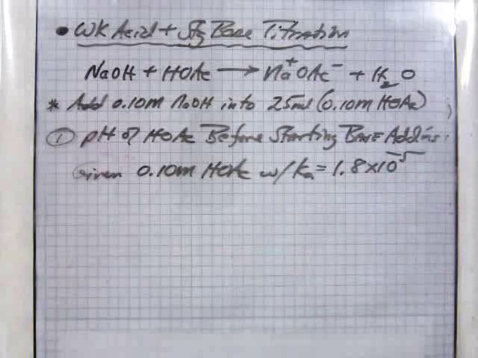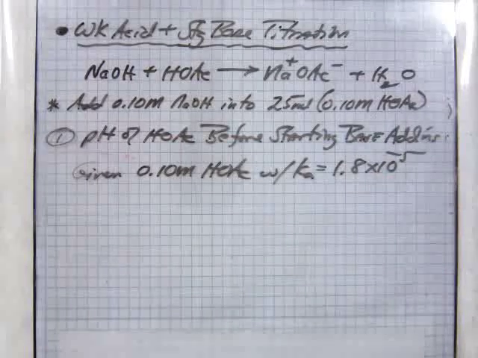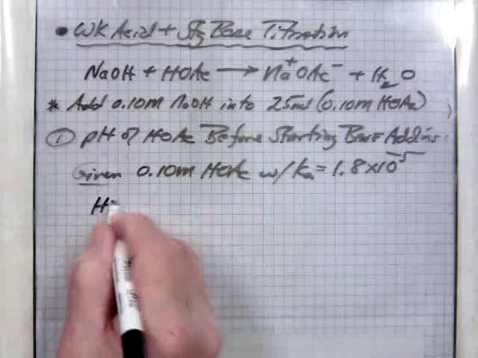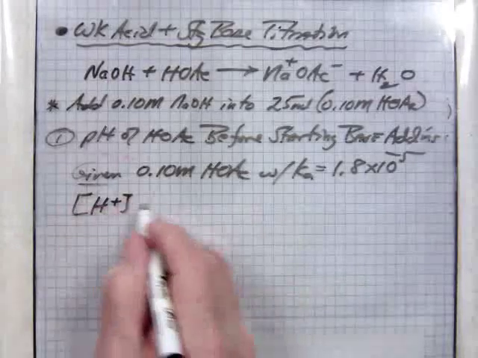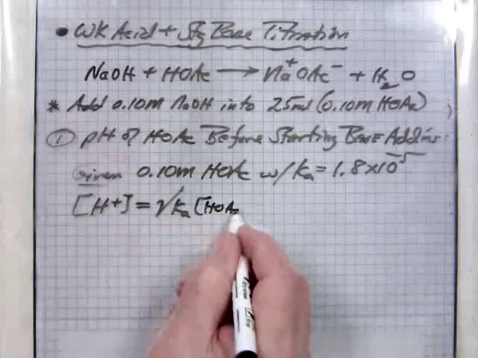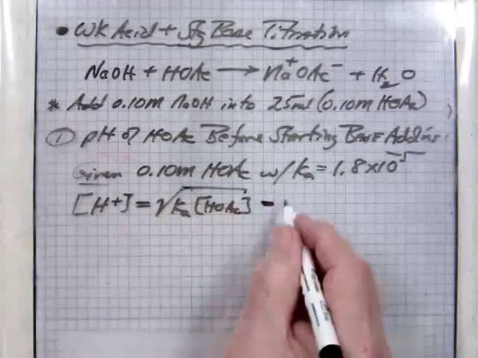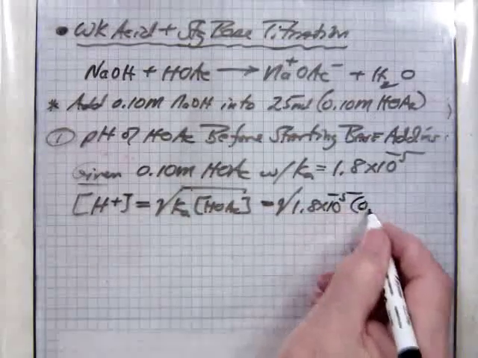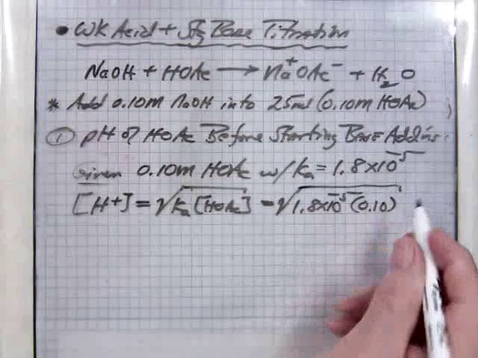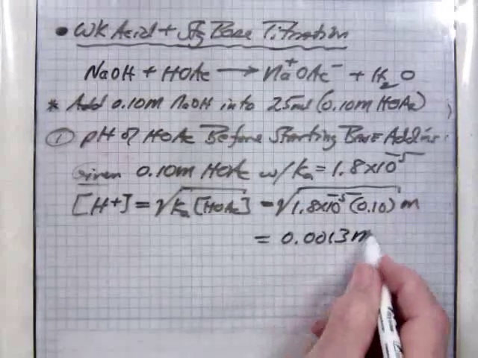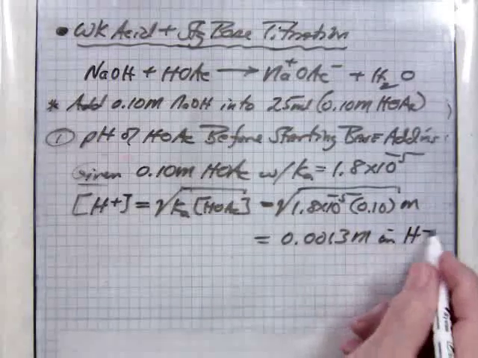So if you have a weak acid in pure water, you can go straight to the square root form. You don't have any common ions here yet. So we have the hydronium ion concentration before addition of base is the square root of Ka times HOAc, which is the square root of 1.8 times 10 to the minus 5 times 0.10 molar, and that is 0.0013 molar in hydronium ions.